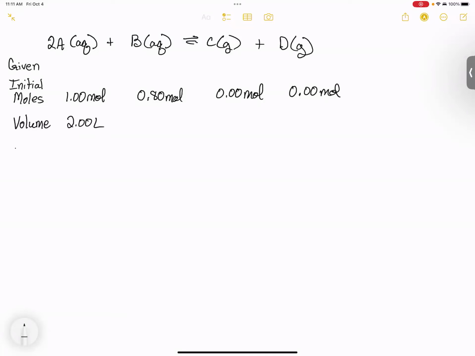And I am told that the final concentration of D is 0.20 molar. These are the pieces of information that I have been given.